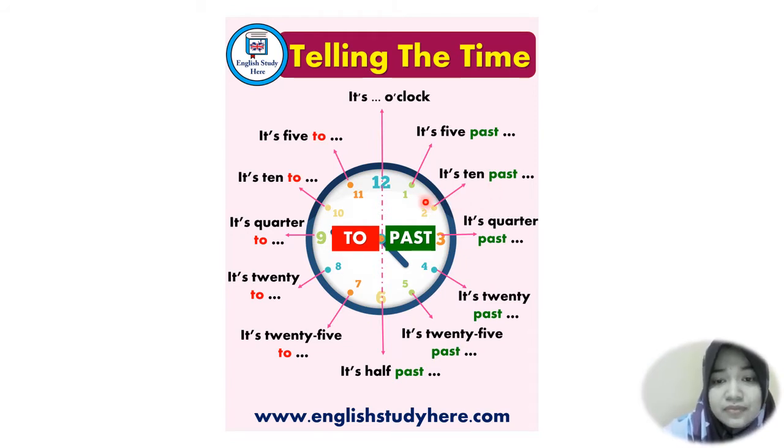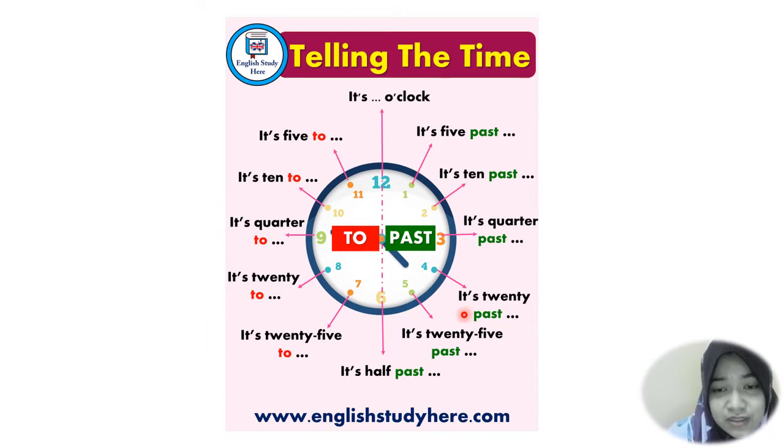Understand? Another example, it's quarter past 1. Quarter here means suku. In telling time, we say quarter as 15. It's 1:15. Maksud dia, ia pukul 1:15 minit. Okay, understand, class?